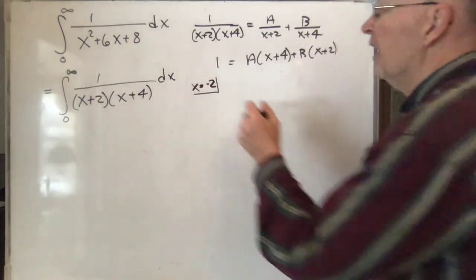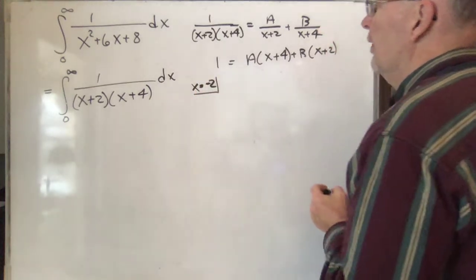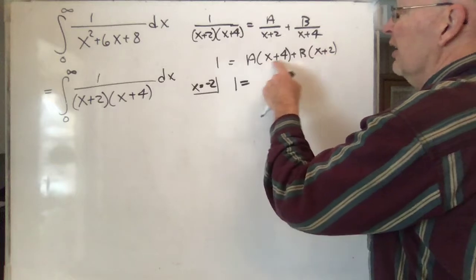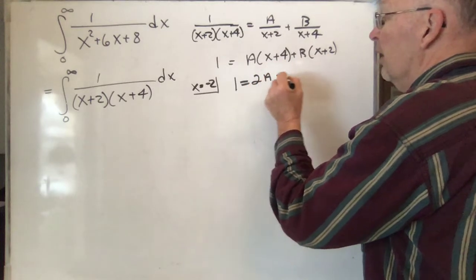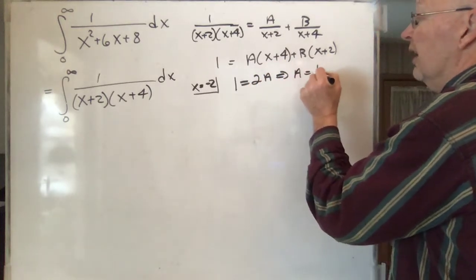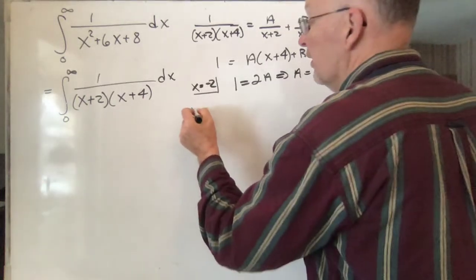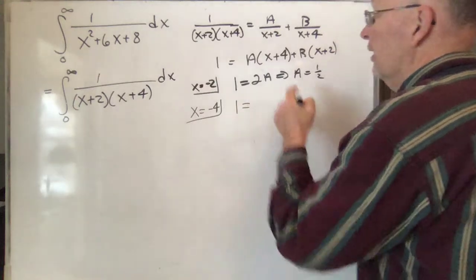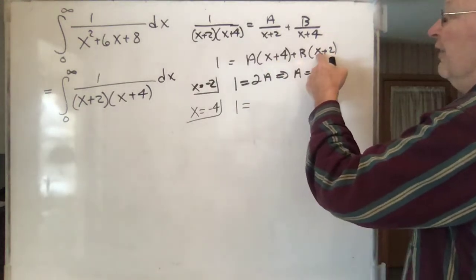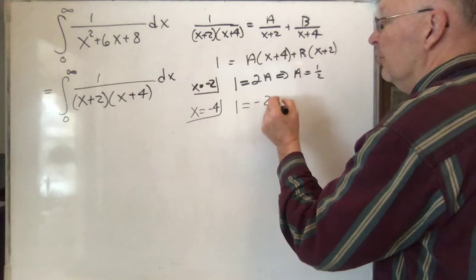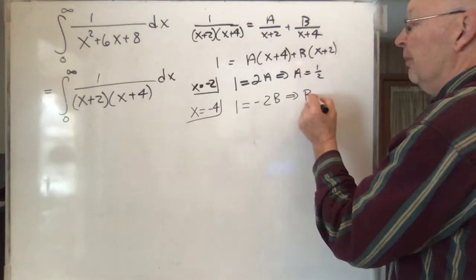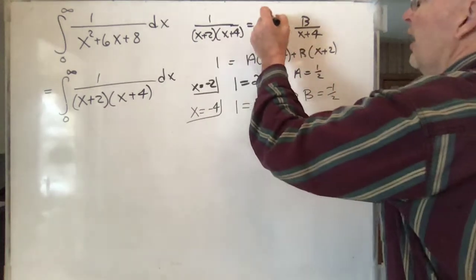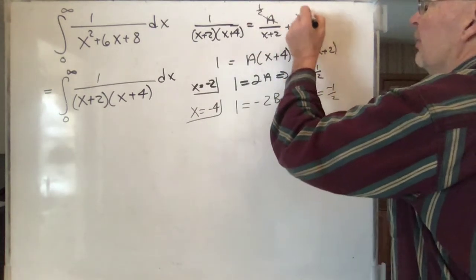Then you're going to get 1 is equal to 2a here, that's going to go away. So that tells you that a is equal to 1/2. If you let x be equal to -4, then you're going to get 1, this thing goes to 0, and -4 plus 2 is going to be -2b. So that tells you that b is equal to -1/2. See that? So a is equal to 1/2, b is equal to -1/2.